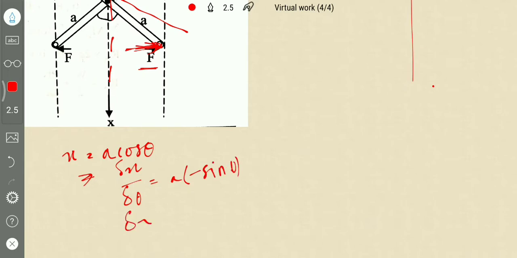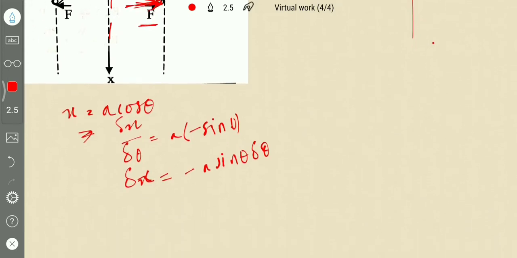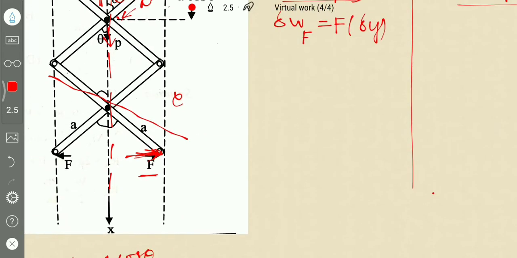Delta x becomes minus a sine theta del theta. But we are considering the direction of motion, the sign convention is already considered, so the displacement should be taken only as magnitude and the direction is neglected here. A sine theta del theta will be the delta x.